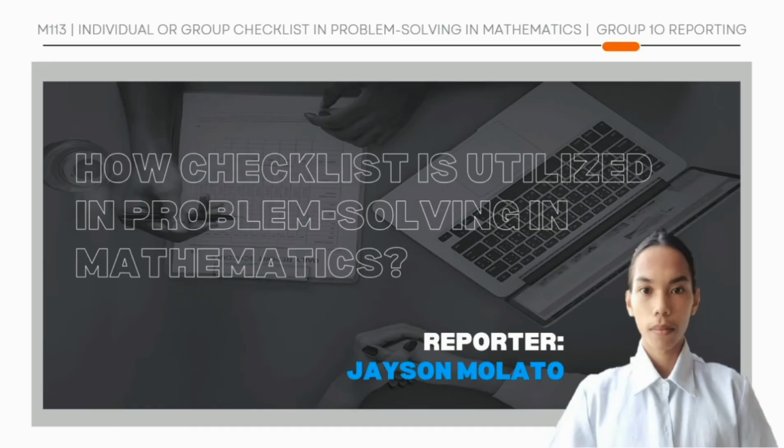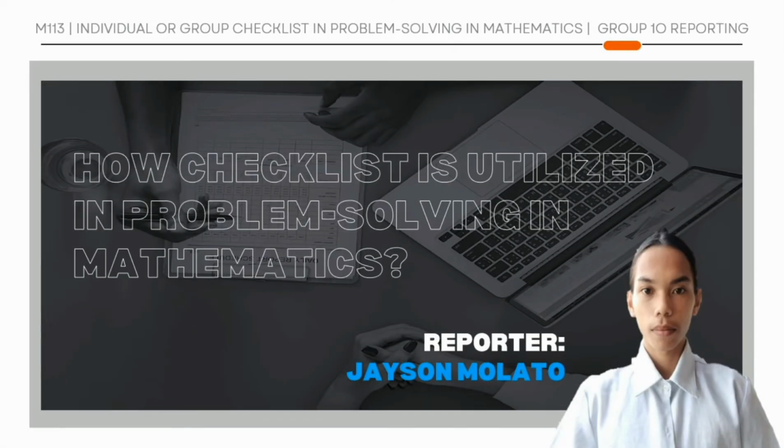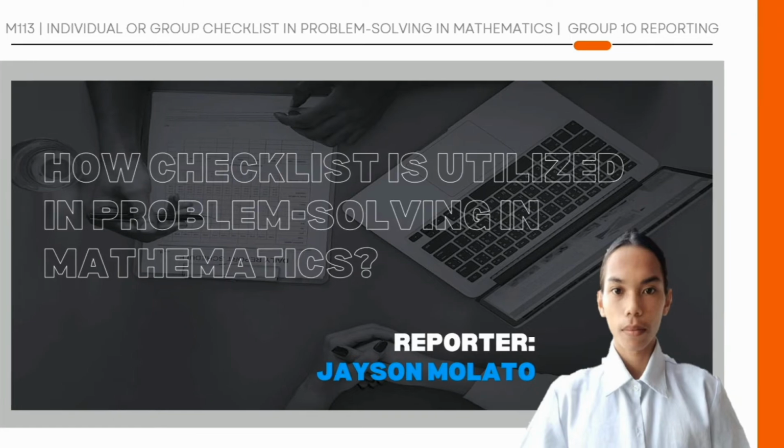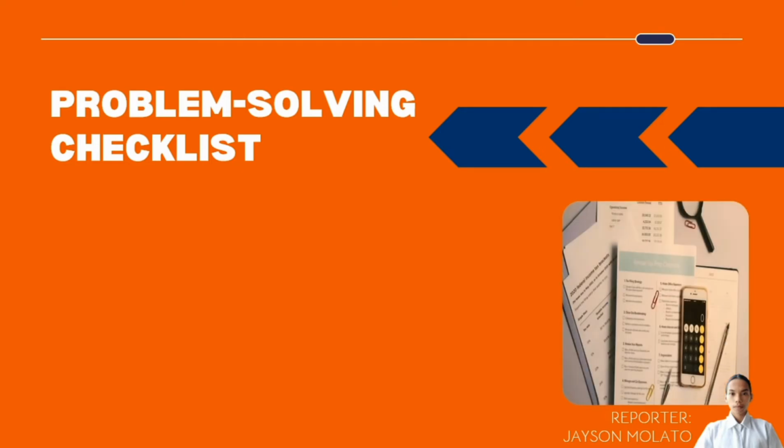So next is how checklist is utilized in problem solving in mathematics. We are now here at a checklist that is related to our specialization, which is mathematics. But before that, let's define what is problem solving checklist.